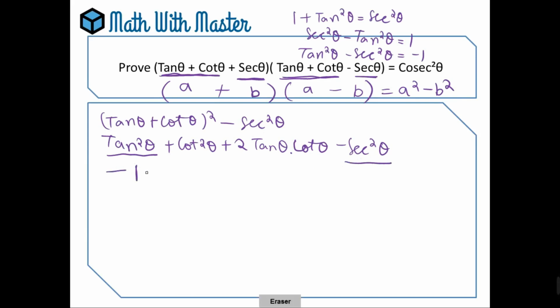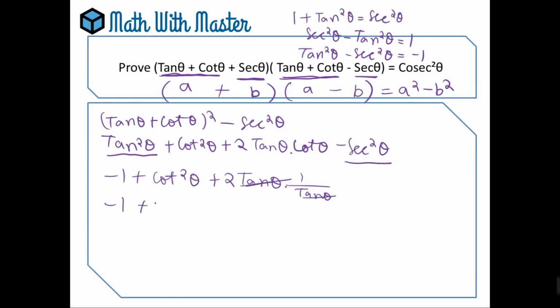This will be minus 1 plus cot square theta plus 2 into tan theta. Now we can write cot theta as 1 upon tan theta, and here tan theta and tan theta will be cancelled, and now nothing will remain here.